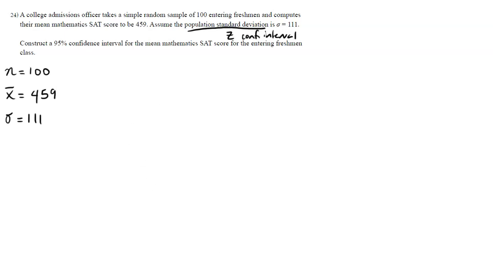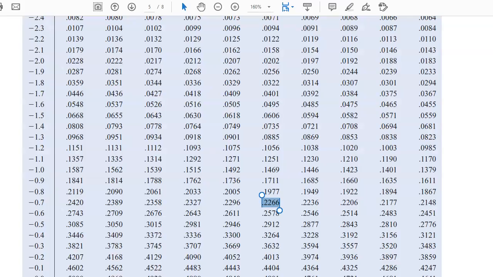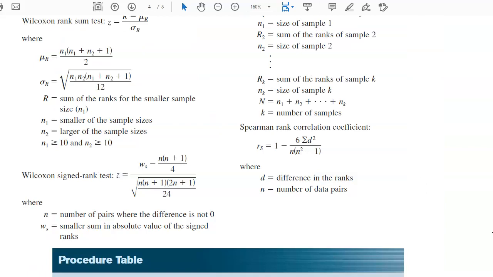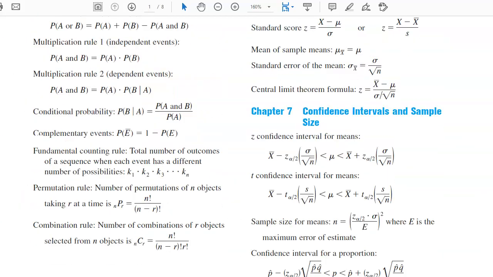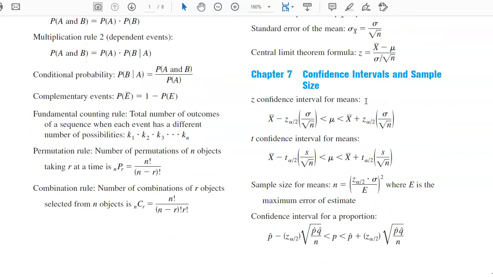Okay. So let's go look at the formula for a z confidence interval. Chapter 7. Z confidence interval for means. T confidence interval is if we didn't know. Remember that? We didn't know the population standard deviation, but we do. So here's our Z confidence interval.